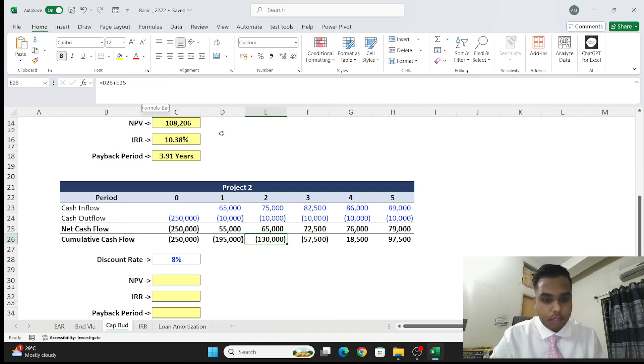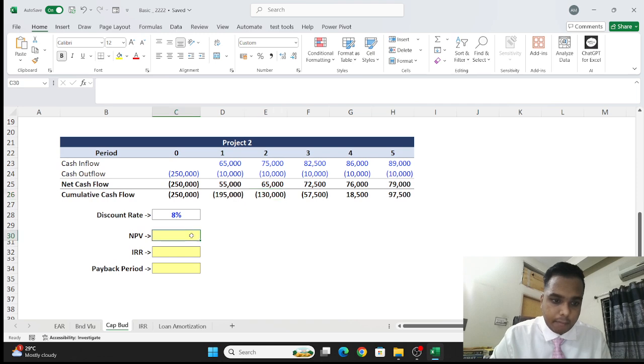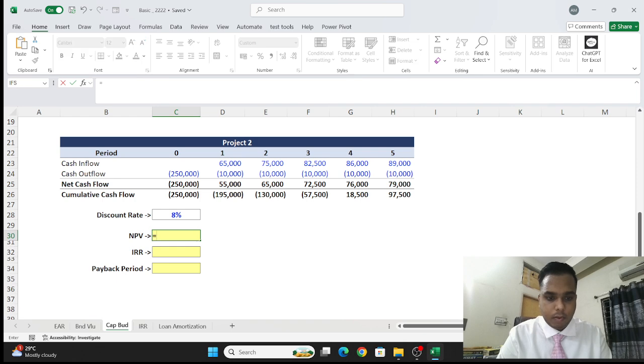To find the NPV, meaning net present value, the formula is equal NPV.